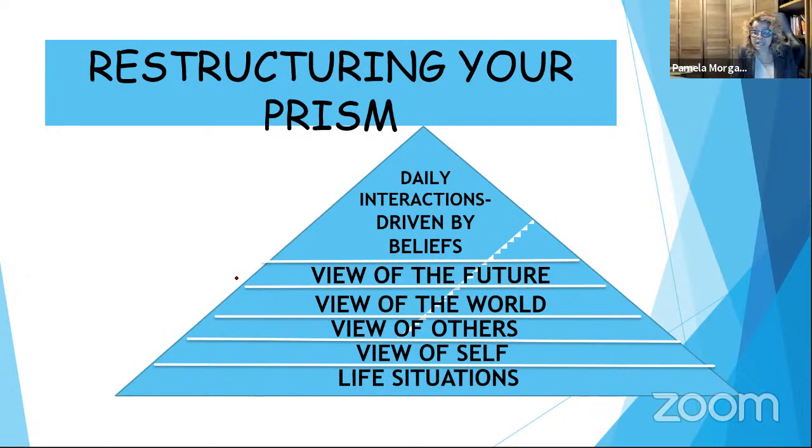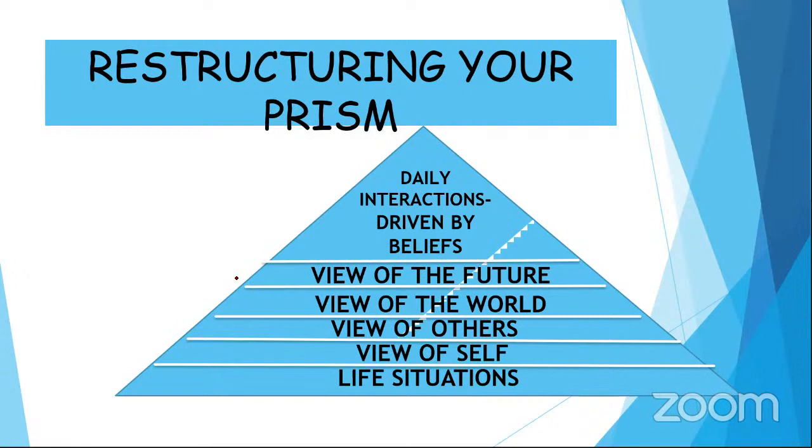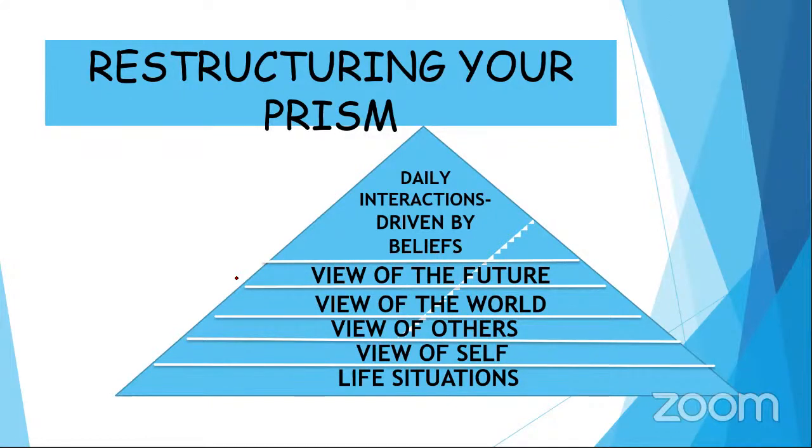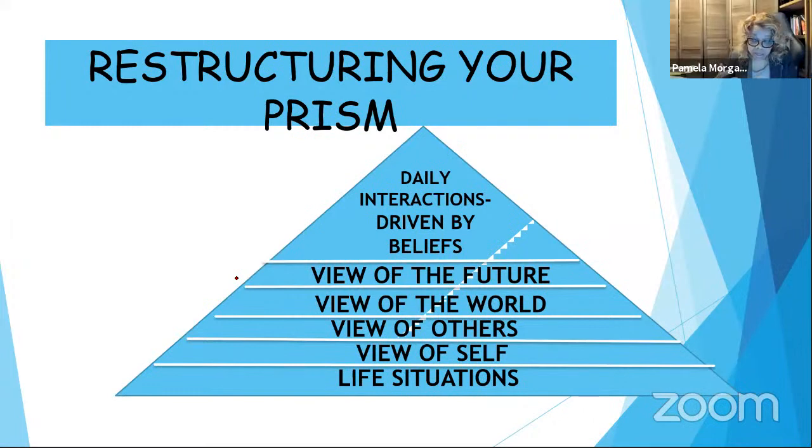And then we meet these clients who are from a different culture than ours, and we're still looking at them through the same prism, the same filter as we see life, and that can cause friction in the therapeutic relationship.